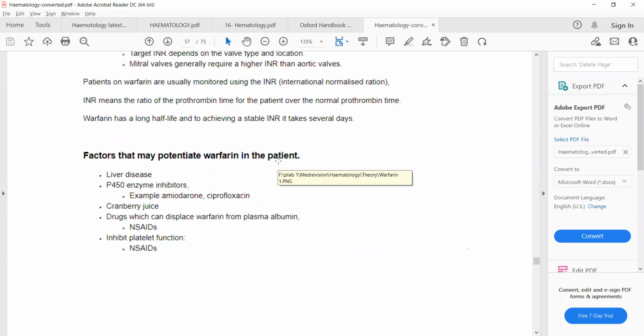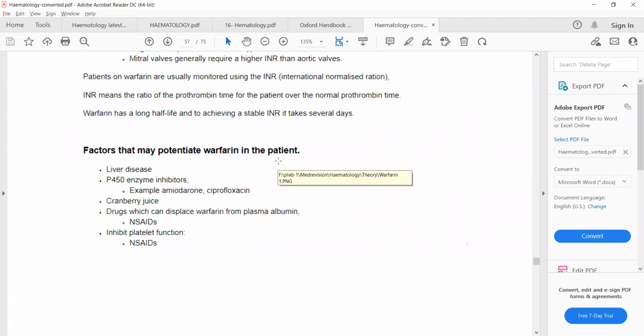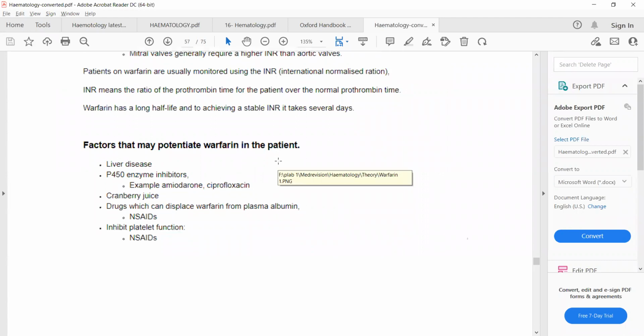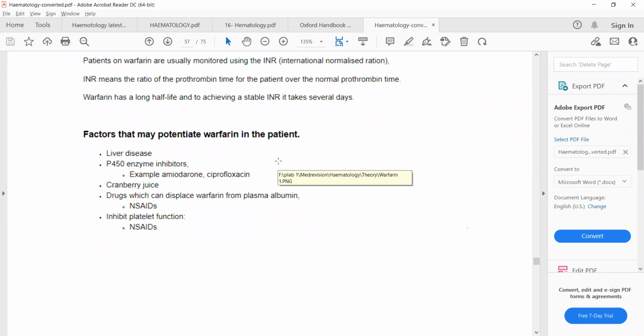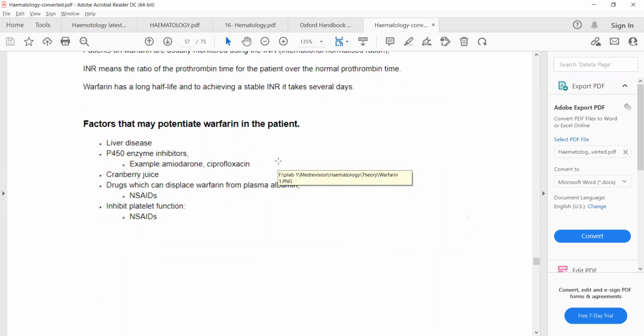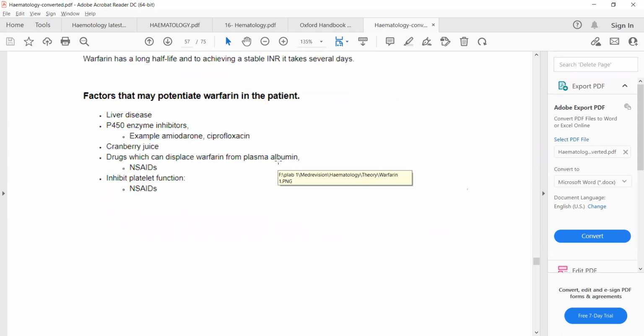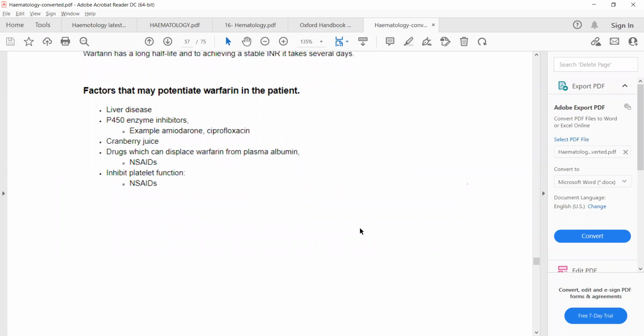Liver enzyme inducers or inhibitors can interfere with the warfarin action. Enzyme inhibitors will increase the effect of warfarin, such as amiodarone, ciprofloxacin, and drugs such as NSAIDs, because they can displace warfarin from plasma albumin.